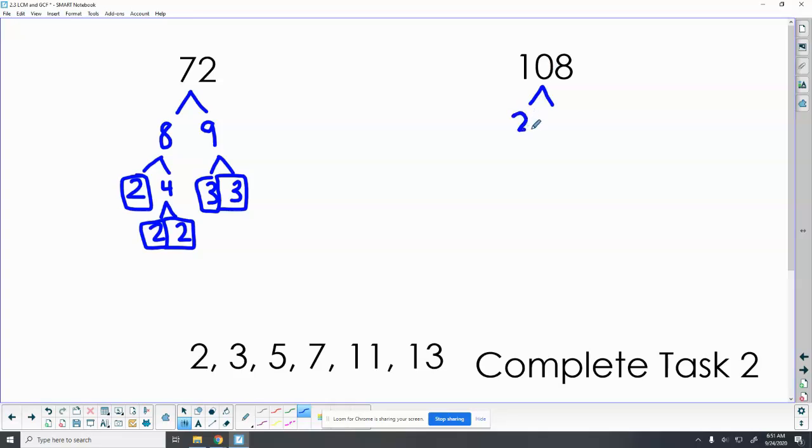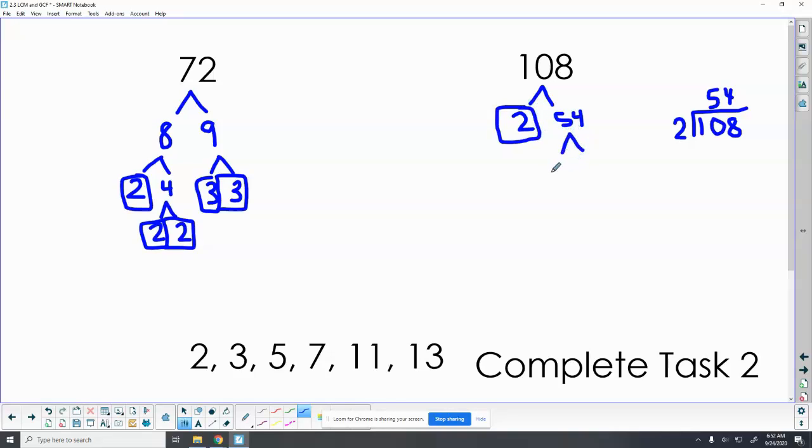So I know 2 has to go in there. I can't think of some things off the top of my head that equal 108, but I know 2 goes in there. So then I can take 108 and quickly divide it. 2 goes into 10 5 times and 2 goes into 8 4 times. So my other factor is 54. That's a much better number to work with. So my 2 is done. Look at that. So let's do this 54.